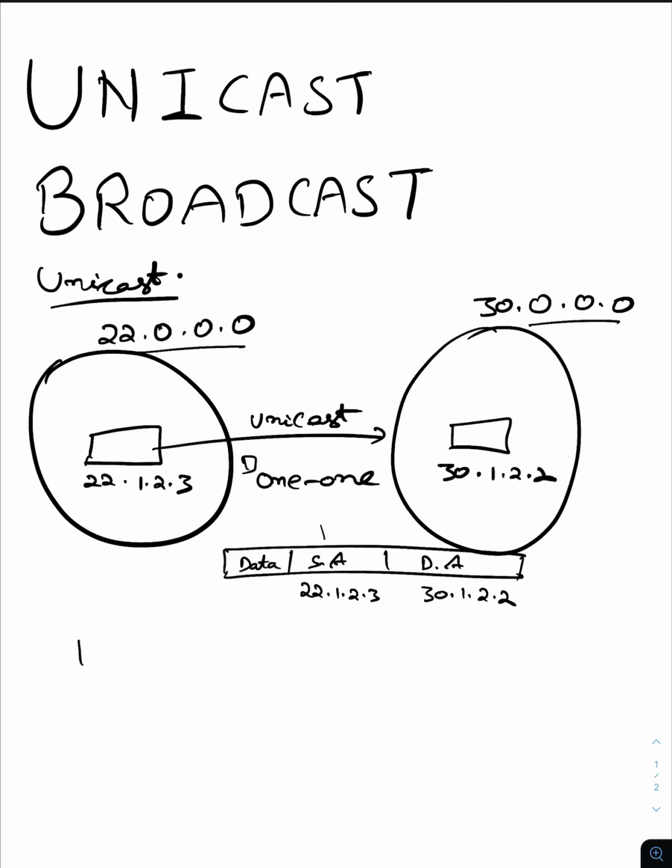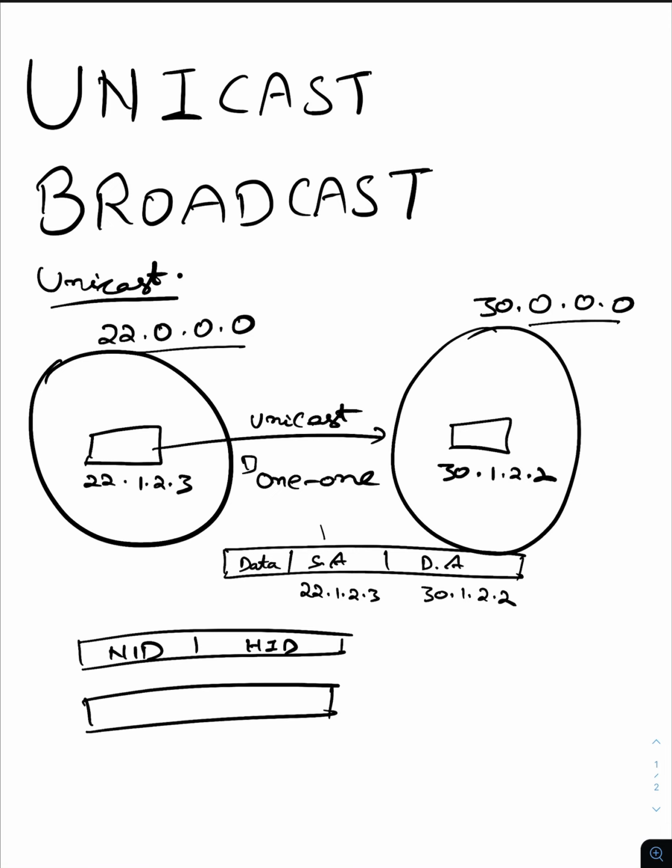As we discussed in the last class, your IP is represented by a network ID and a host ID, and you represent your network by your network ID and all zeros in your host ID. Here, as it is a class A network, your network ID is the first 8 bits, and your host ID is the next 24.